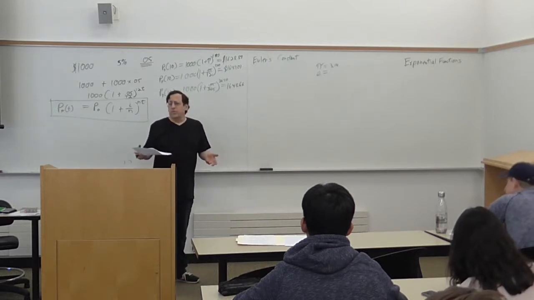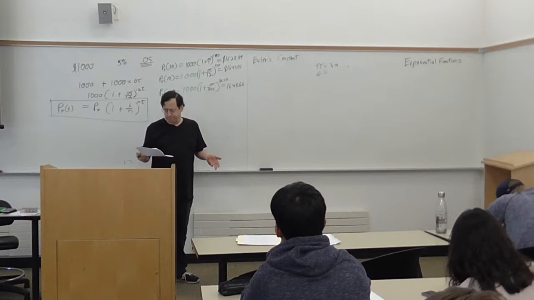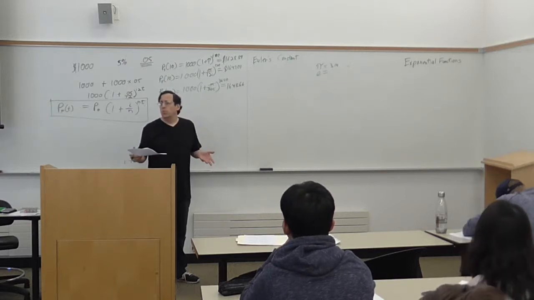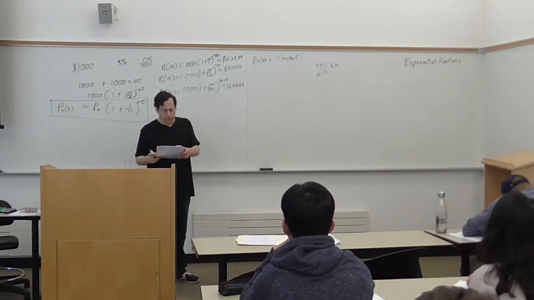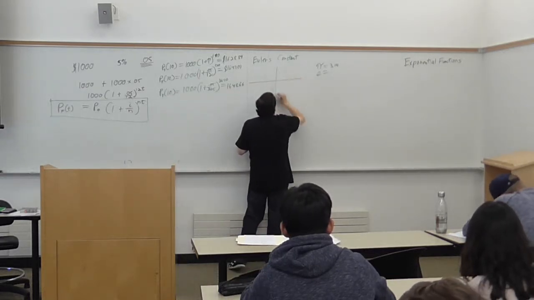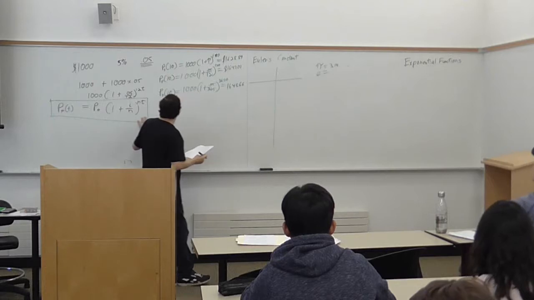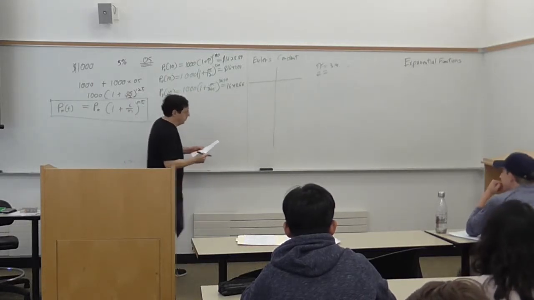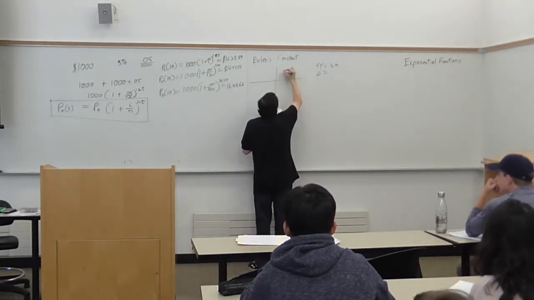There are various ways you could come up with e. I'm going to show you probably the simplest one. We're going to take an expression from our compound interest formula and take a look at it.